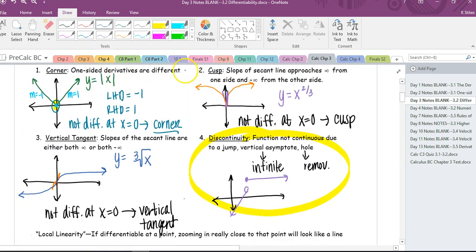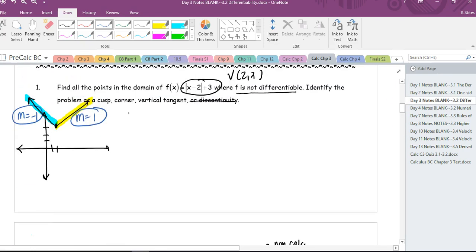Your one-sided derivatives are different. Your left-hand derivative is -1, and your right-hand derivative is 1. And that means that at the point (2, 3), you have a corner. So we are not differentiable.